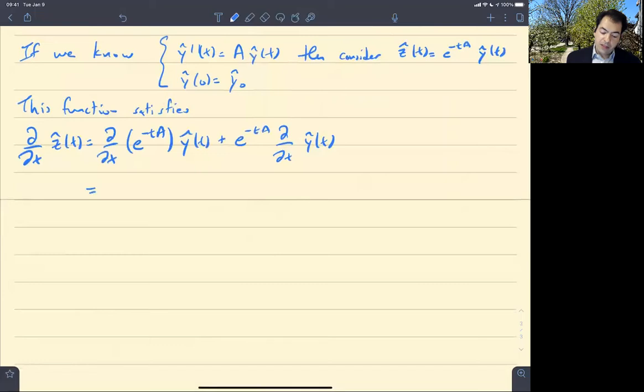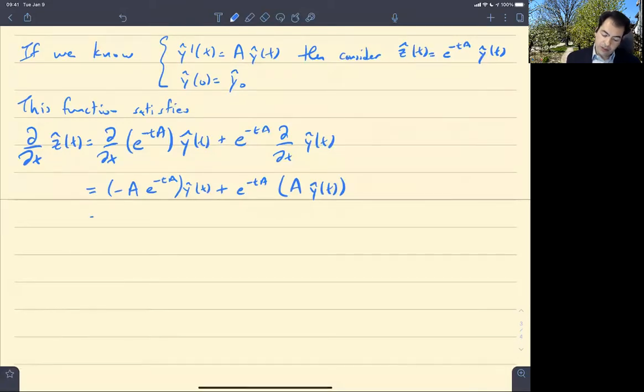Okay, the derivative with respect to t of e to the minus ta, well, we just established that this is equal to minus A e to the minus ta, and then times y hat of t. And then here we have e to the minus ta. The derivative of y hat with respect to t is equal to A y hat of t.